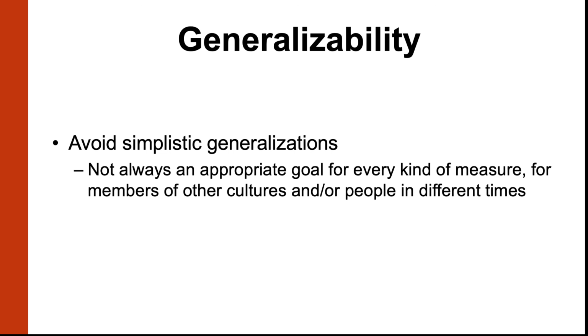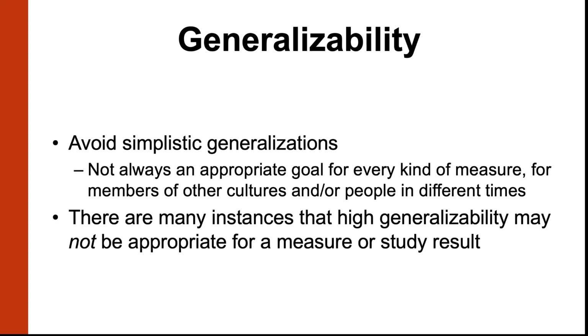What we need to do is avoid simplistic generalizations, because that's not always the goal in our research, particularly if we're studying how different ethnic backgrounds or cultures impact the personality of the people from those cultures. And indeed, in studying cultural influences on personality, it's likely that you will find many personality characteristics are not generalizable across cultures.